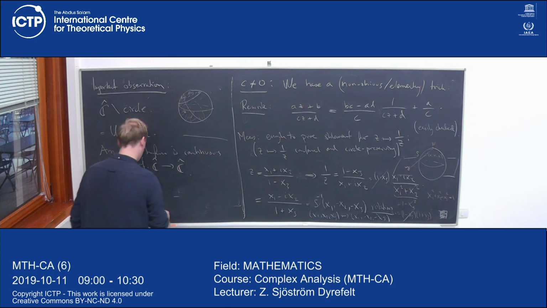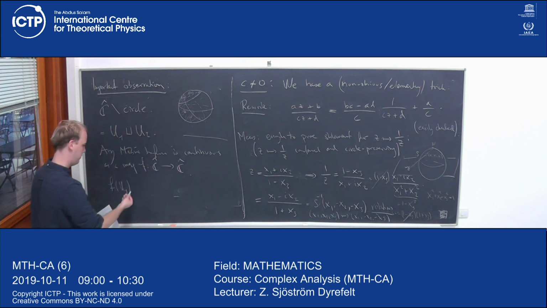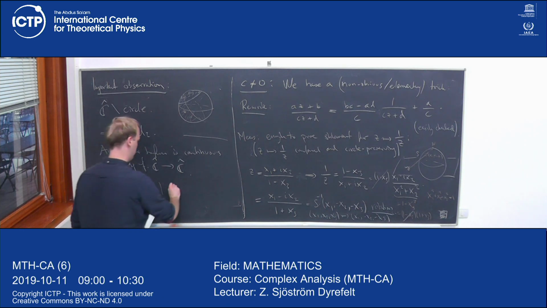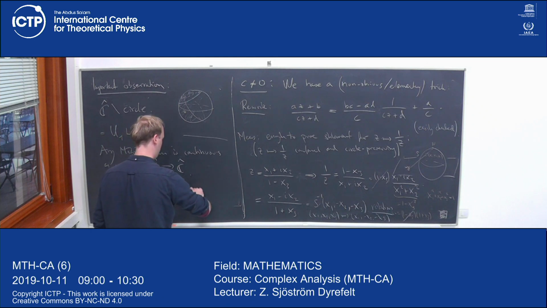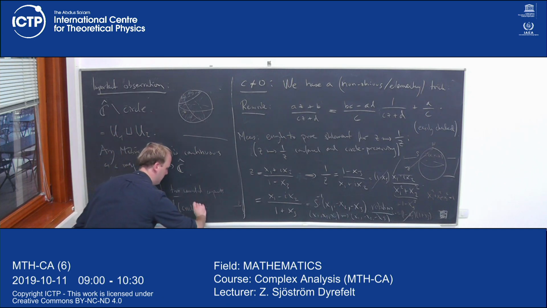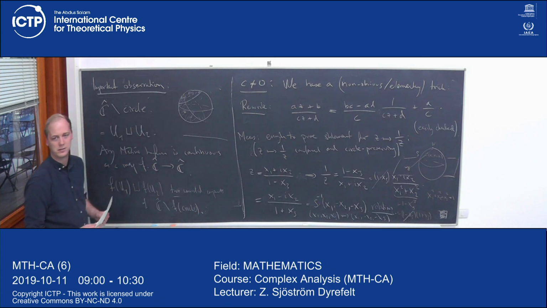So this means that f of u1 and f of u2 are also the two connected components of C hat minus f of this circle, however we want to write this.